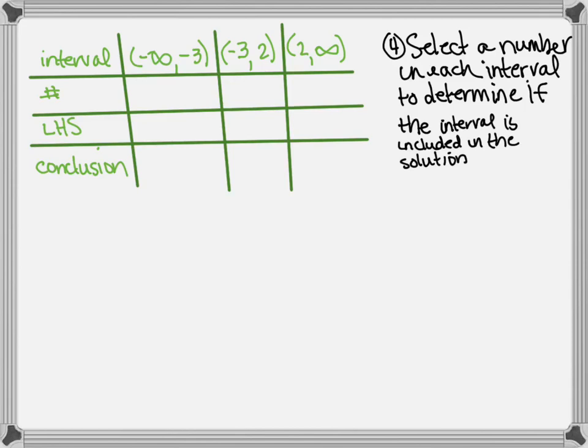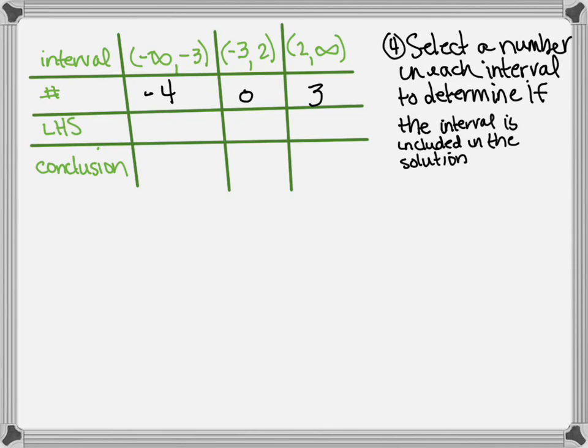So for example, for that first interval, I would not want to choose negative 3. But I'll choose some easy numbers. I'm going to choose negative 4. In my second interval, I'm going to choose 0. If 0 is included in the interval, it usually is a number that I choose. And for my third interval, I'm going to choose 3. Again, these are not the only numbers you could choose. I just chose some simple ones.